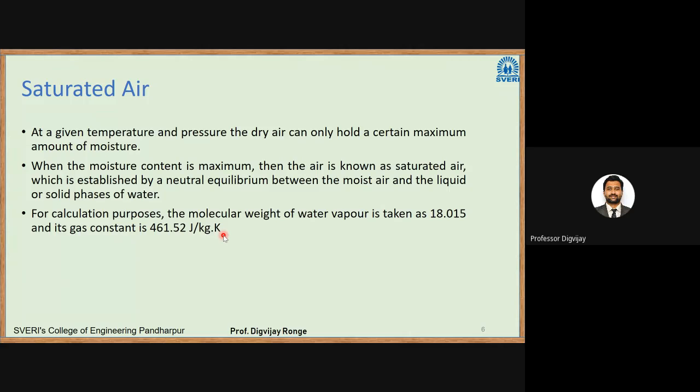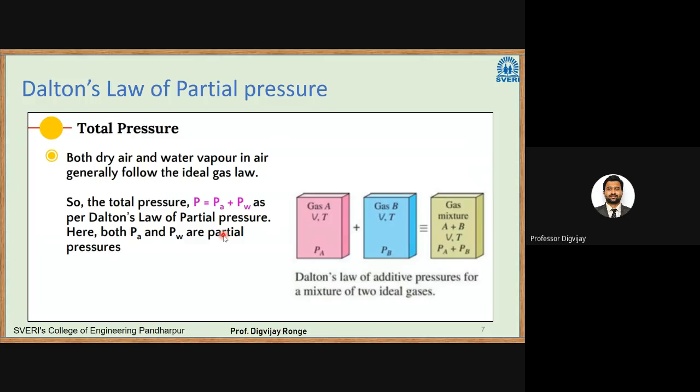But when a situation comes that dry air cannot hold the water particles anymore, or in other words the water particles start to condense on the surfaces, we take that condition as saturated. It cannot handle more water content than that, and if it increases, it will condense. So that is about the saturated air.